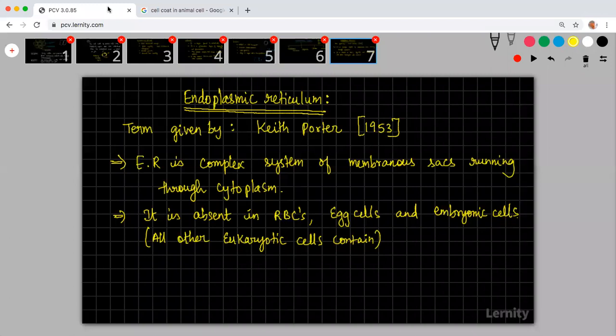And we are studying about eukaryotes. Eukaryotic cells only will have endoplasmic reticulum. Prokaryotic cells will not have endoplasmic reticulum.